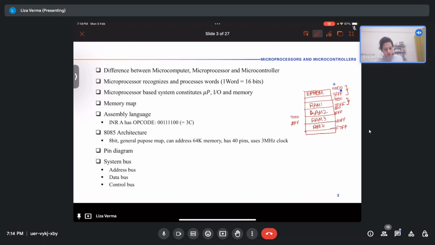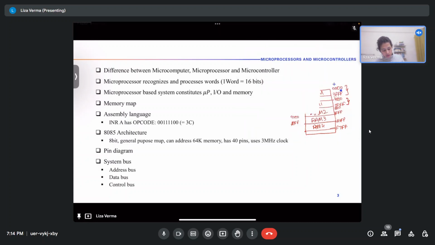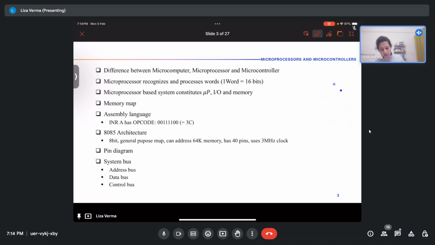Moving on, the language used by 8085 is assembly level language. Say this instruction INR A has the mnemonic INR A. We write it as INR A, but the microprocessor doesn't recognize it as INR A. It is fed or programmed into the microprocessor as 3C.